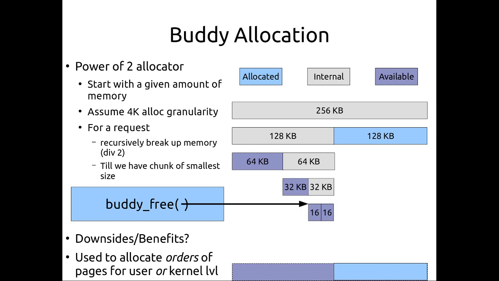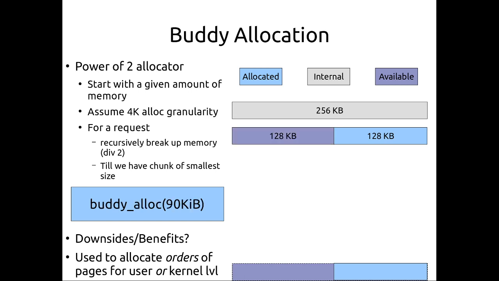And if that is also available, we can coalesce them together into an allocation of the next highest size. And of course, it does this recursively. So we have 32, it'll coalesce, we have 64, it'll coalesce, and there we're done. We can't coalesce anymore because in this case, the buddy for that allocation is allocated. Therefore, we cannot coalesce them, right?